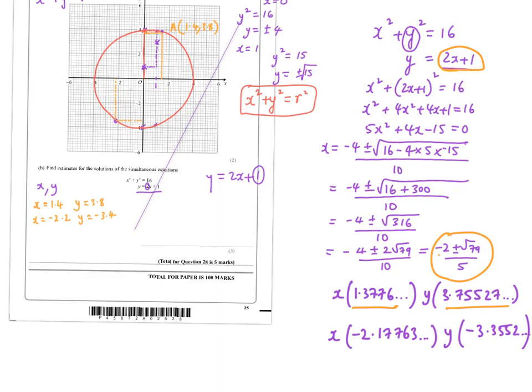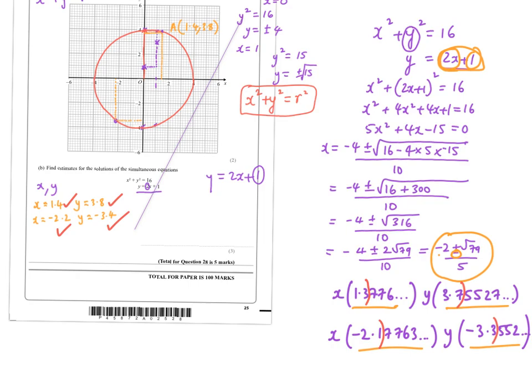Then I would do negative 2 minus root 79 all divided by 5. That would give me this value of x. Then I would times by 2 and add 1, and I'd get these values. So I'm just interested to see just how close we were. So to 1 decimal place 1.4, to 1 decimal place 3.8, to 1 decimal place negative 2.2, and to 1 decimal place negative 3.4. So that's a nice end to this paper.